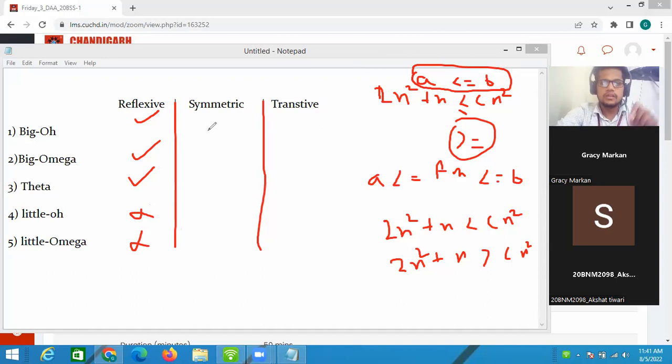If we have an equals to sign, then we can say this is symmetric. Sorry, not for this.